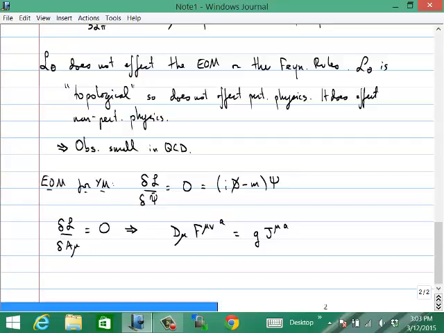And the equations of motion of Yang-Mills theory that you obtain by varying the action with respect to the gauge field take almost exactly the same form, except now the partial derivative has been replaced by a covariant derivative, which reflects the fact that F transforms in the adjoint representation.